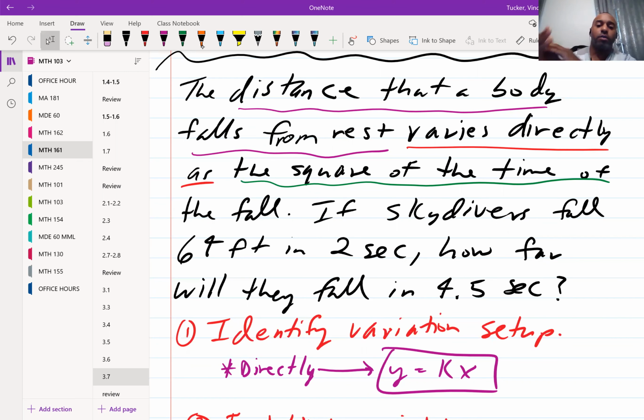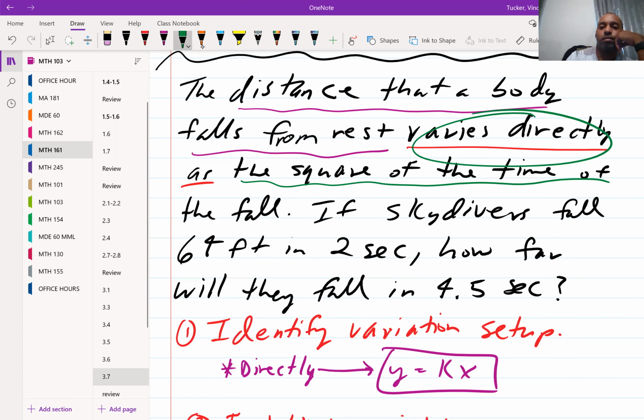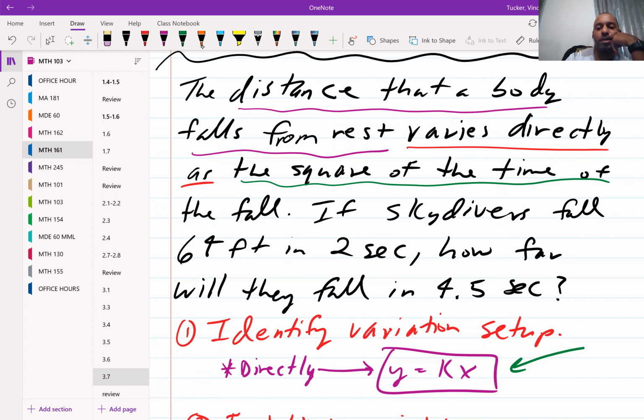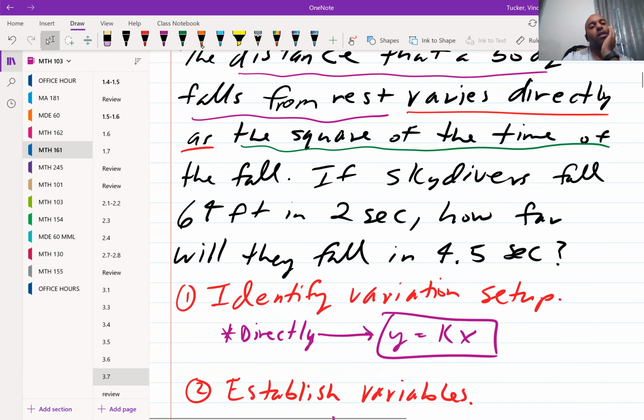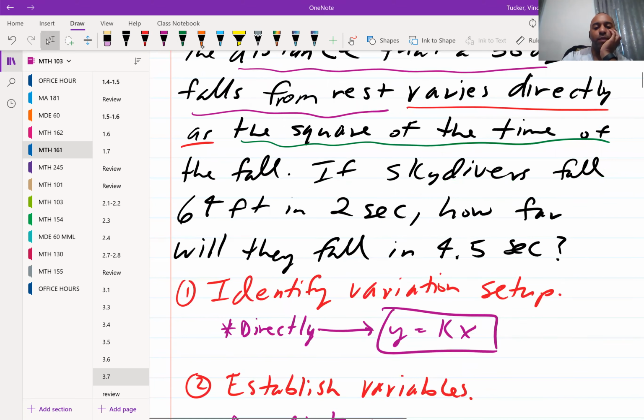All right. So first thing you want to do is identify the variation setup. It varies directly. So that means you're going to be using Y equal to K times X. Next, you want to establish your variables.